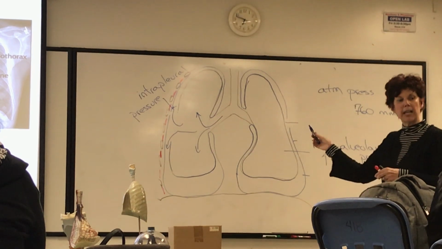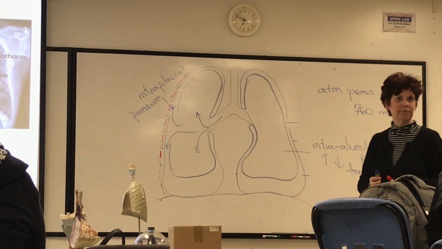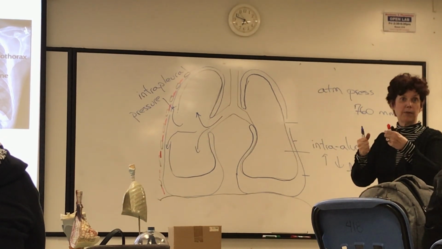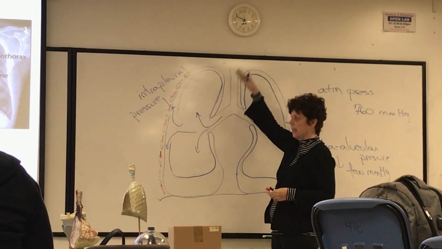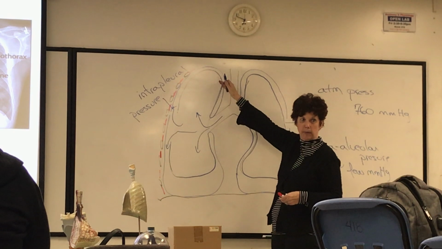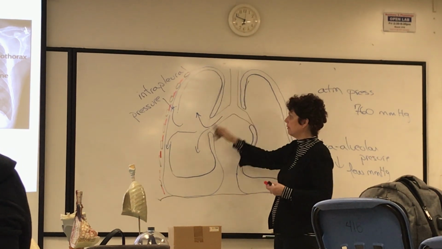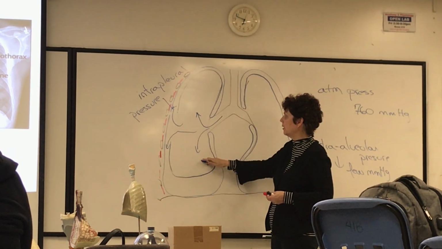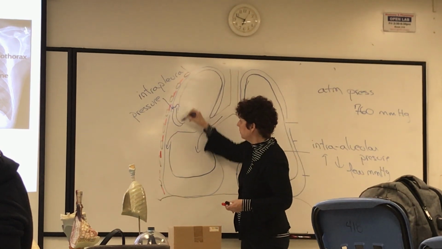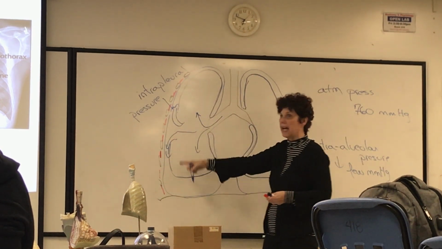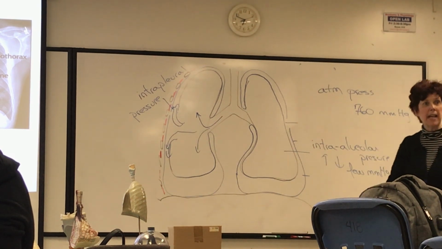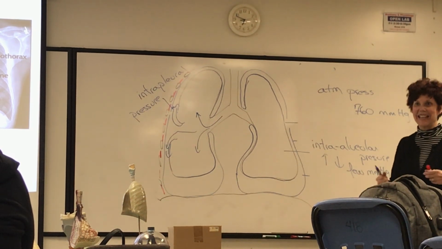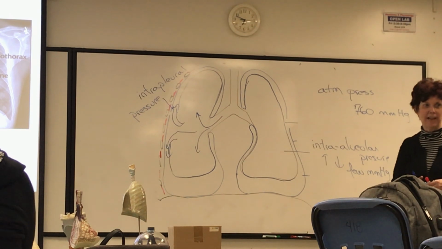What happens to intraalveolar pressure when you breathe out? It increases, right? And we're moving air from the alveoli out the airway to the surroundings. Well, if we're increasing intraalveolar pressure here, it also moves air not only out the bronchi, but it moves air out into the pleural cavity. So whether you're breathing in or breathing out, you're pushing air into the pleural cavity, all right?